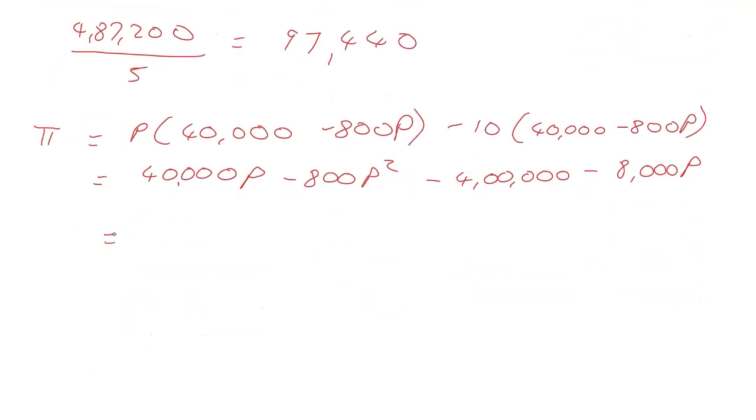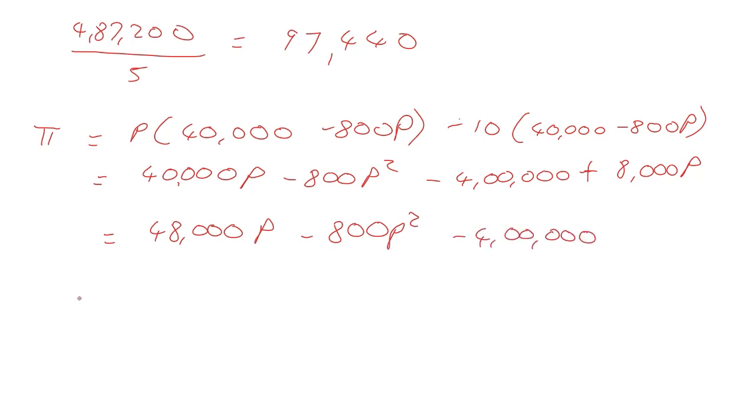I can add them up. Subtract actually 40,000 P, minus is plus. Be very careful. I have to add 40,000 plus 8,000, which is 48,000 P. So 48,000 P minus 800 P square minus 4 lakhs.